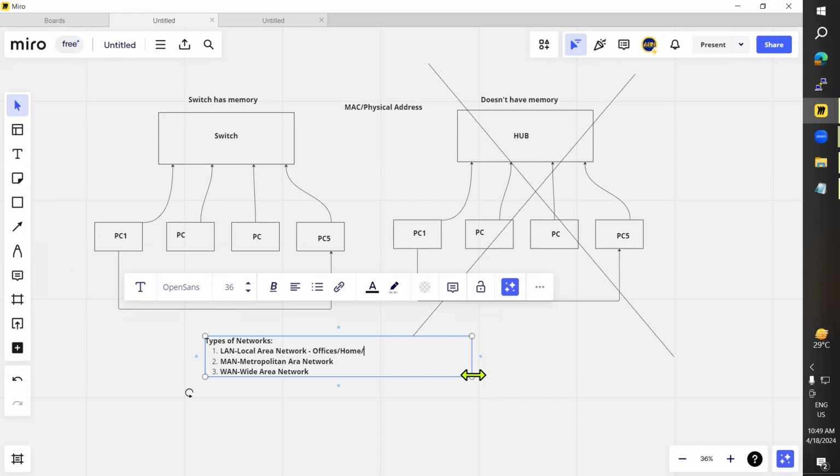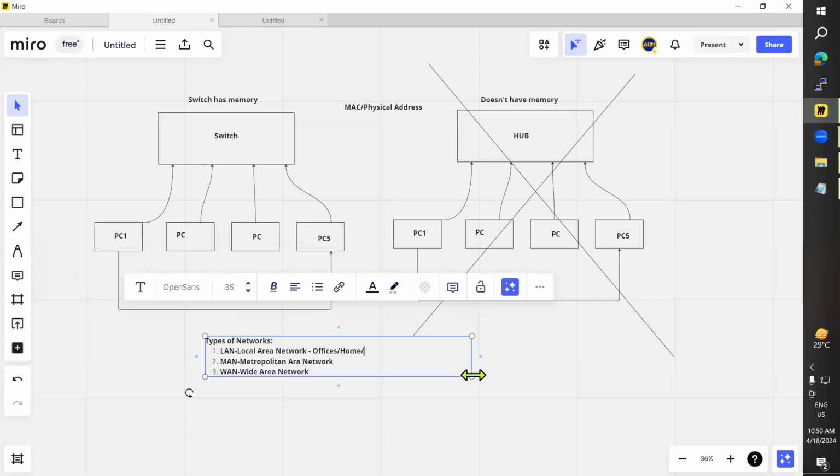Every home is a small LAN, a collection of laptops, desktops, mobiles, TVs, and we are using the internet, right? And we are operating many things in the home using the internet, right? So these are all local area networks.